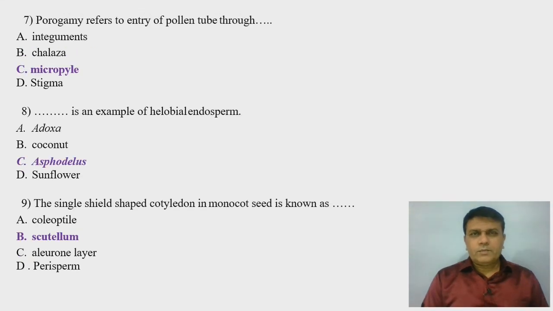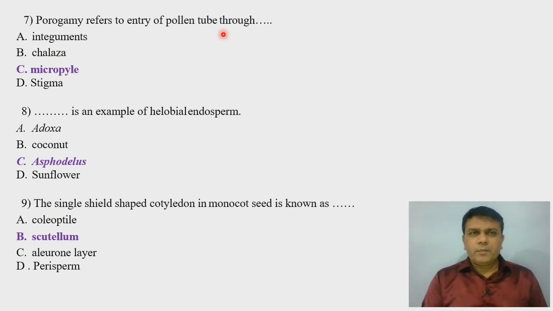Then the next MCQ is, porogamy refers to the entry of pollen tube through. Now you know that after pollen germination, the pollen tube passes through the style, then it reaches the ovule and enters inside the ovule from different regions.